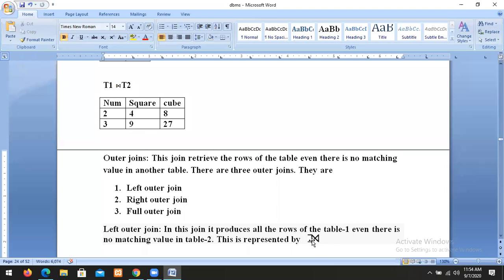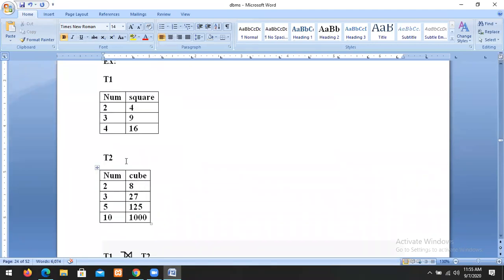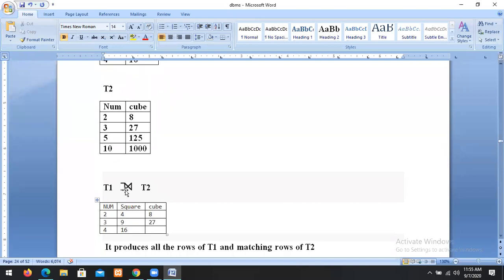For example, this is one table, T1. T1 has 2, 4, 3, 9, 4, 16. The number 2 and its square 4, 3 squared is 9, 4 squared is 16. T2 has 2 cubed, 3 cubed, 5 cubed, 10 cubed. Now T1 left outer join T2.